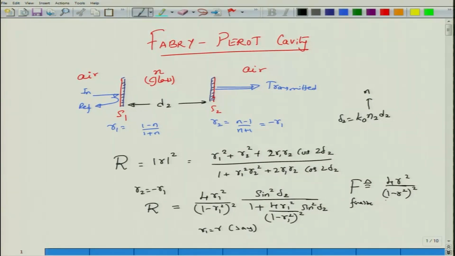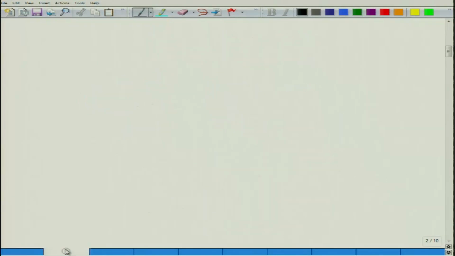So if I have the finesse of the cavity defined in this way, then the overall reflectivity, which is the amount of power that is reflected back relative to the power that is incident, is given by F by 1 plus F sin square delta 2. Okay. Now I am interested in the transmittivity, that is how much power I am able to transmit out of the Fabry-Perot cavity.